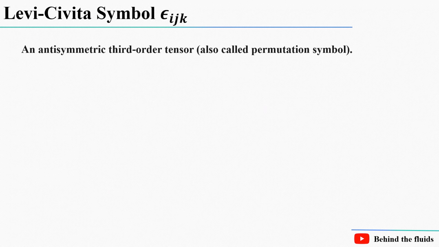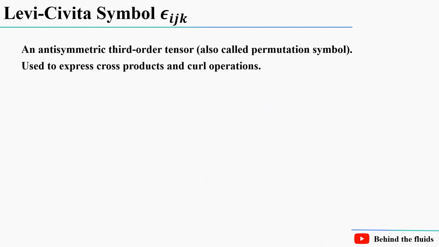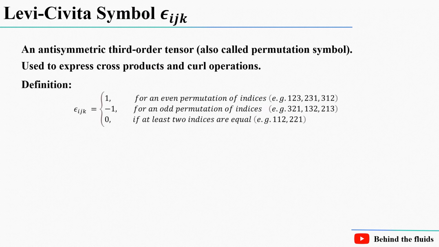Finally, let's briefly touch upon the Levi-Civita symbol, denoted by epsilon_ijk. This is an antisymmetric third-order tensor, meaning that if you swap any two indices, the sign of the symbol changes. It's primarily used to express operations like vector cross product and curl in a compact form. The Levi-Civita symbol is defined based on whether the indices form an even or odd permutation of 1 to 3, or if any indices are repeated, in which case it's 0.